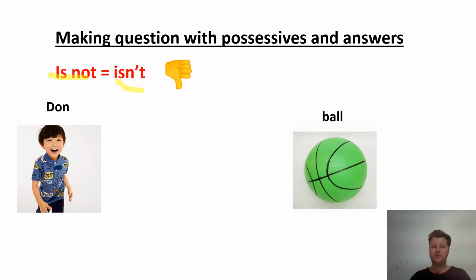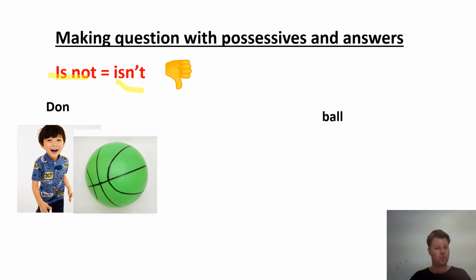Now let's look at the ball. Whose ball is this? Whose ball is this? Don's ball. Don's ball. Let's try and say that together. 1, 2, 3. Don's ball.